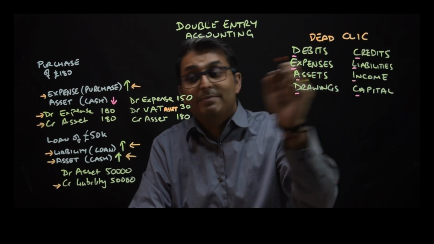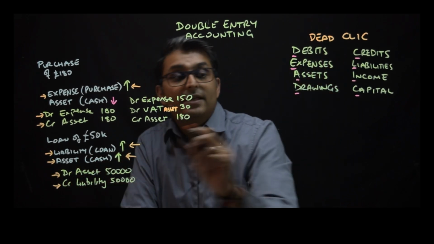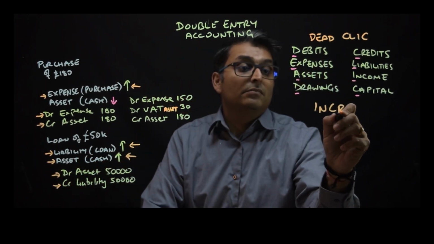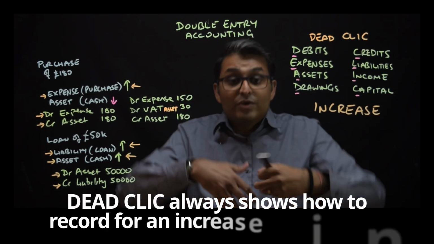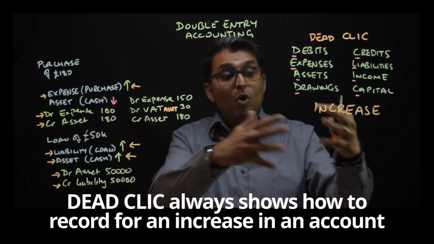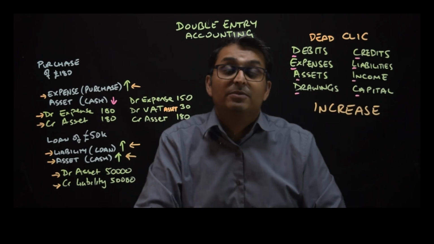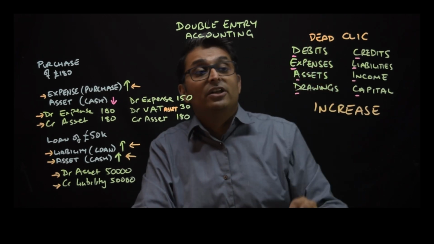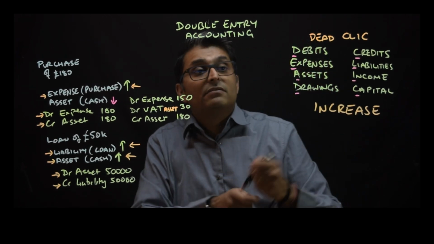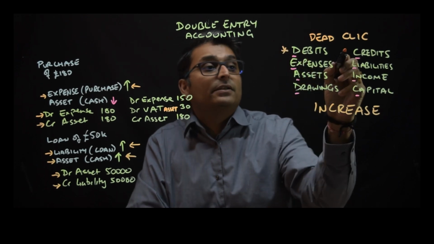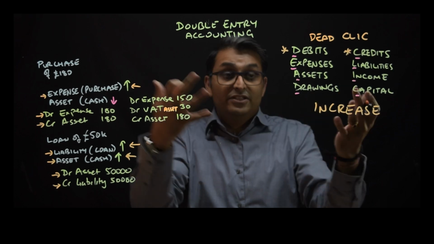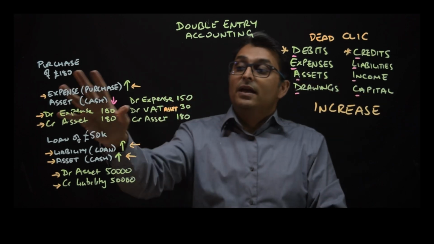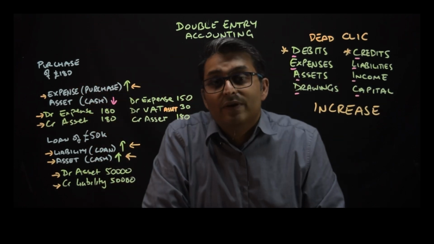Well, assets are under debit, so I need to debit my asset. So this always shows how to increase a particular account, what the accounting treatment is to increase a particular account, whether I debit it or whether I credit it to show an increase. And if it was a decrease, it's just the reverse. And that's what I've shown here in my examples.